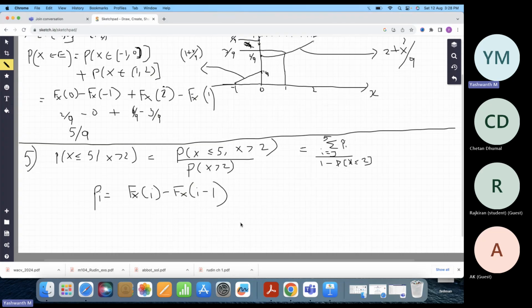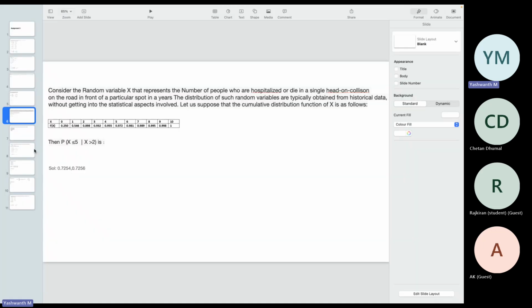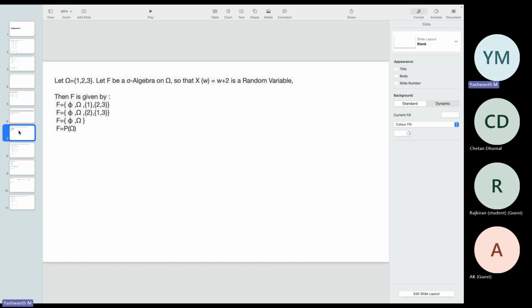Okay, so we can go to question 6. This is simple. You are given a sample space omega = {1, 2, 3}, and F is a sigma algebra on omega. You are defining a random variable X(w), where w is an element of omega, as w plus 2, and you want X(w) to be a random variable.